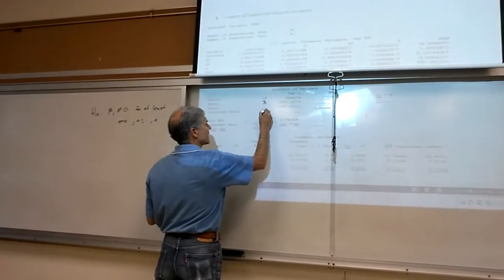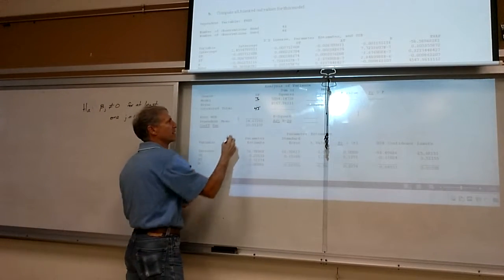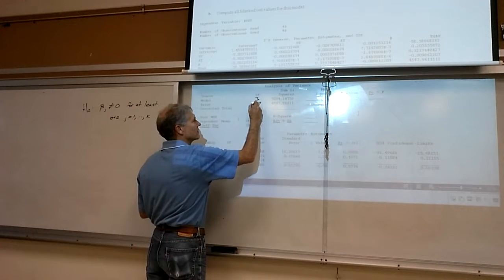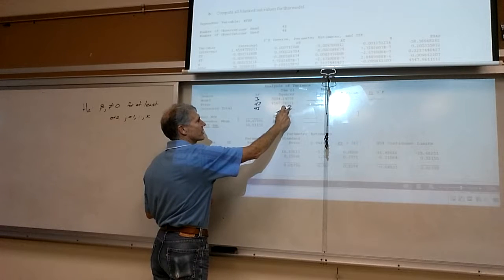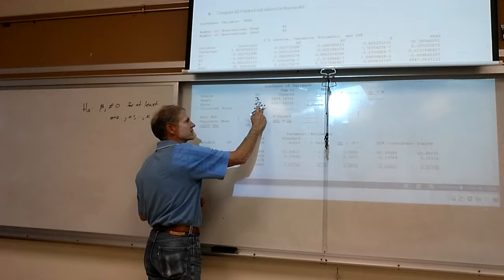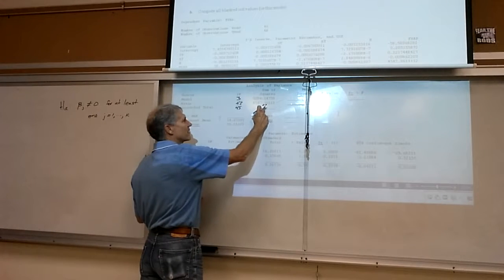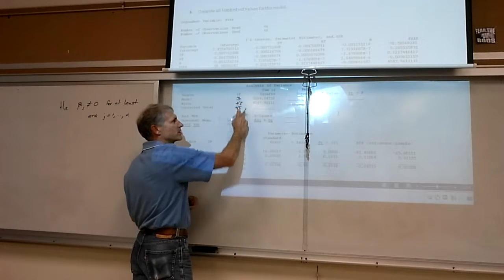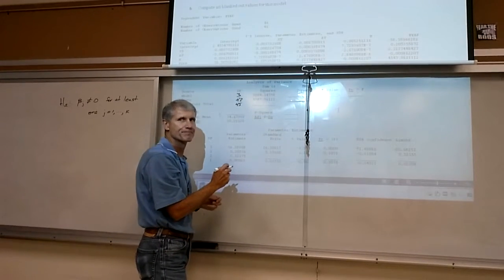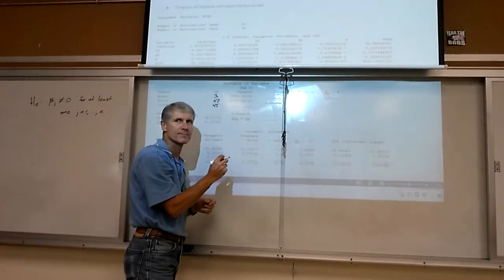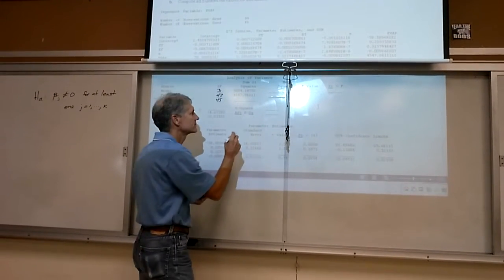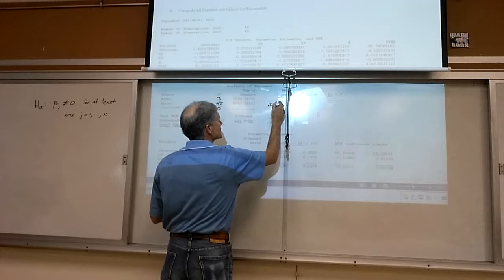So this will be 45, leaving how much for error? 42. So then the sum of squared error divided by degrees of freedom for error. Take 4547.96, divide by 42. What do you get? You get 108.2847883.